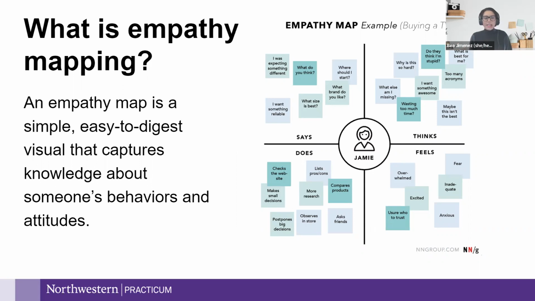Jamie is saying that she wants to buy a TV, right? She wants something reliable. She's asking herself what's the best size for her. Jamie probably is thinking, why is it so hard to buy a TV? Too many options. She feels completely overwhelmed and anxious about the process and making the right choice.